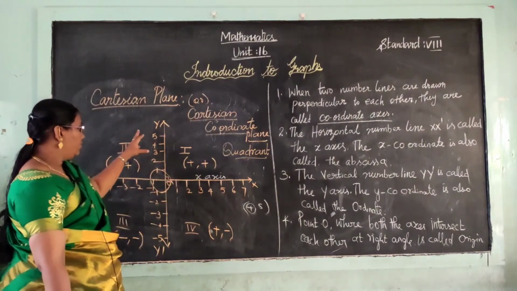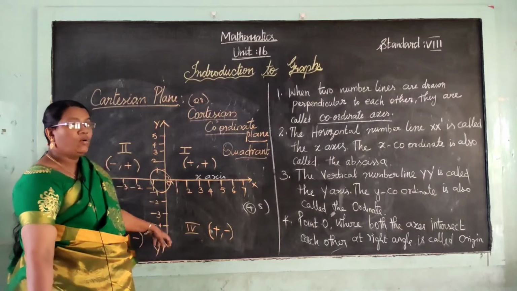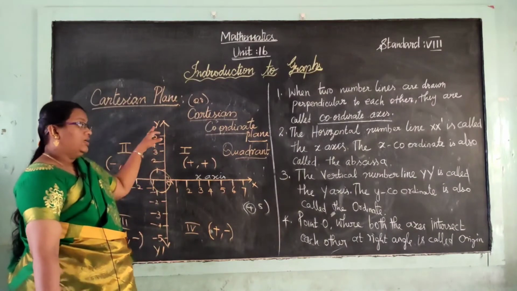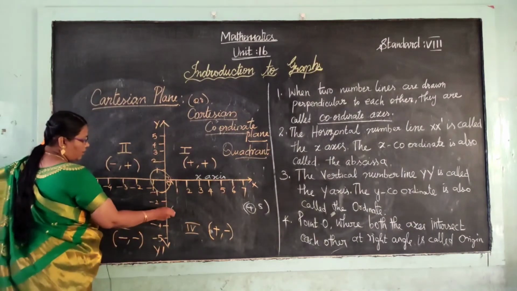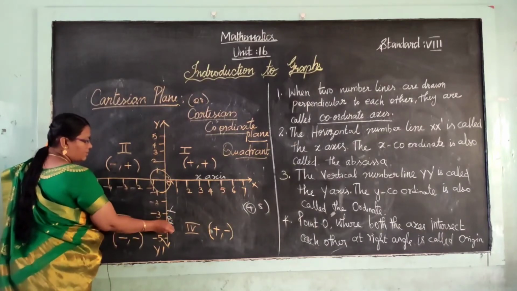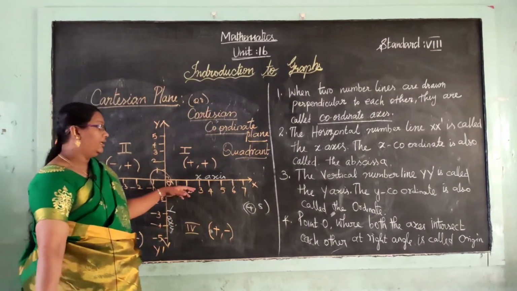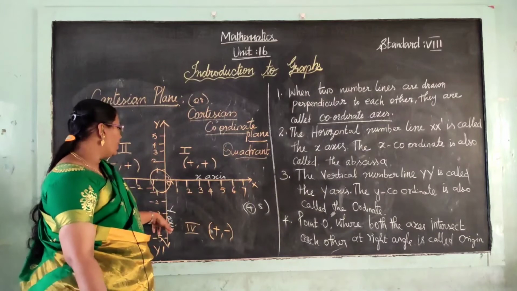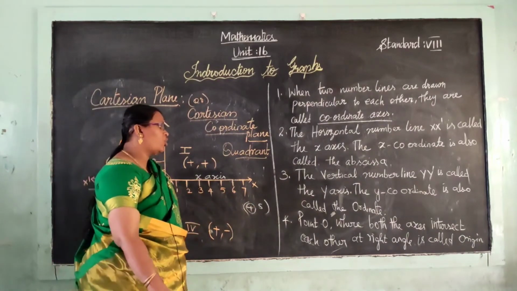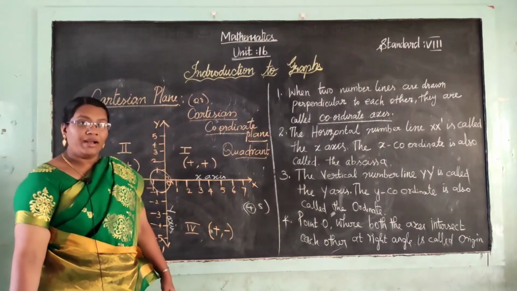And the third one, the vertical number line y dash y is called the y-axis. Then the y coordinate, 5, is called the ordinate.